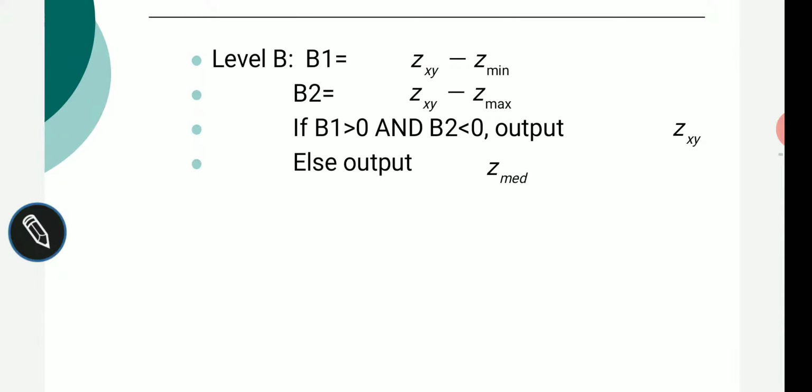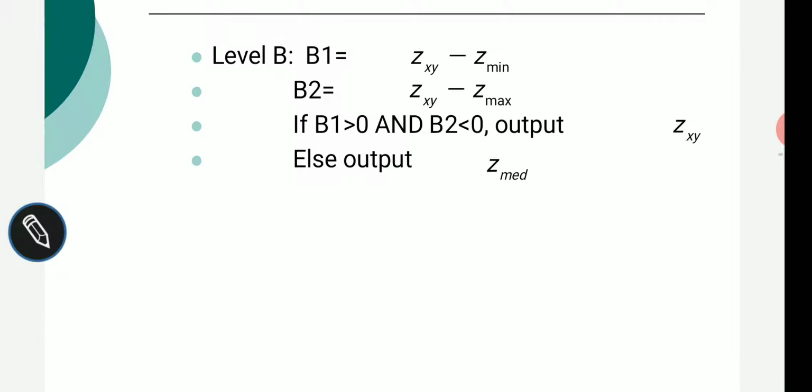Whereas in stage B or level B, B1 is equal to Zxy minus Z min, and B2 is Zxy minus Z max. If B1 is greater than 0 and B2 is less than 0, then the output is Zxy, else it is Z med.